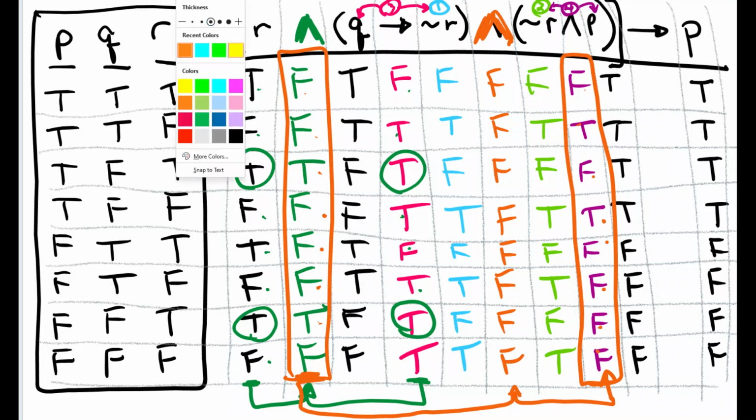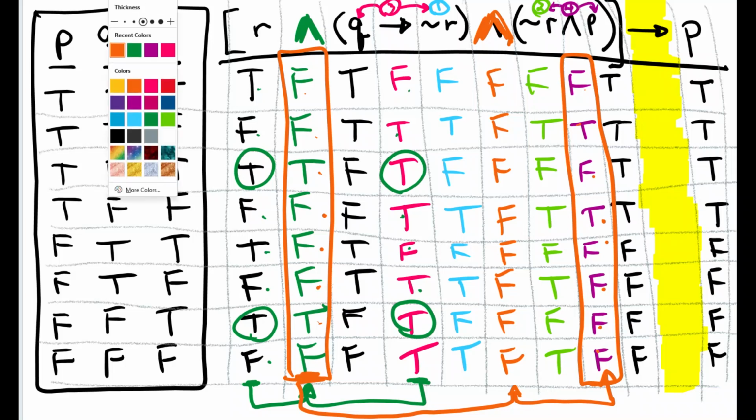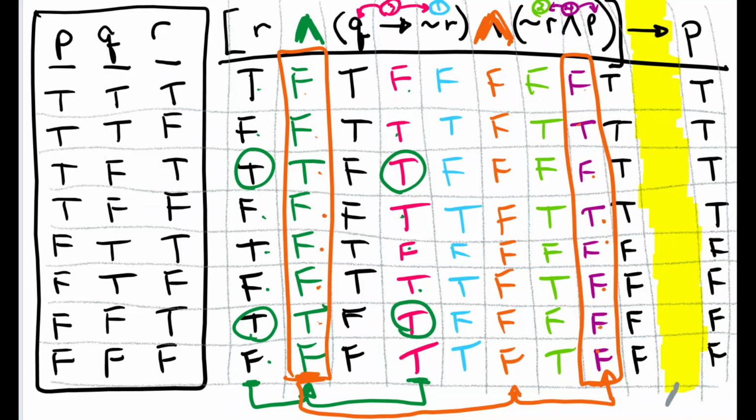Which brings me to the last column, and of course the last column will be your final result of this truth table. It is an if-then, and I'm going to do a gray color. To get this one here, it's this if-then. The last thing we did to the left of that arrow is the orange.